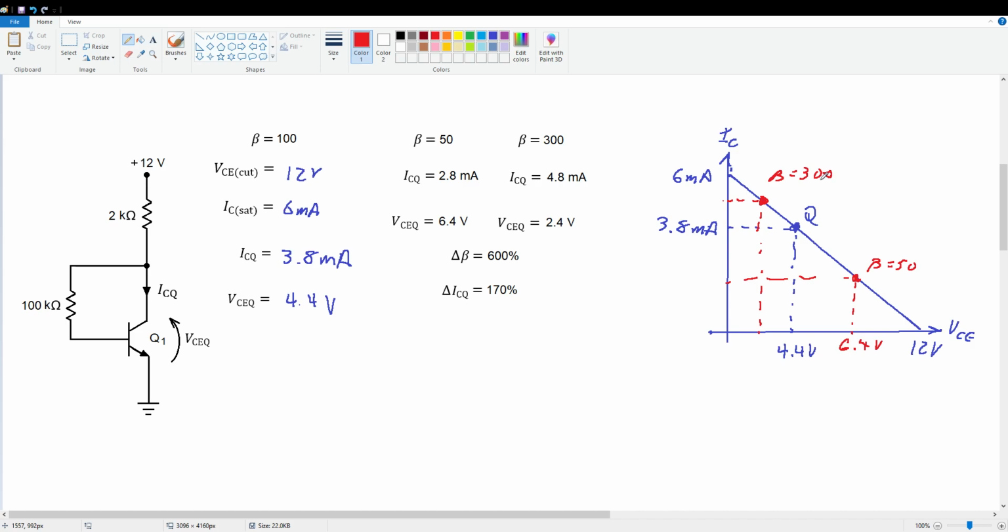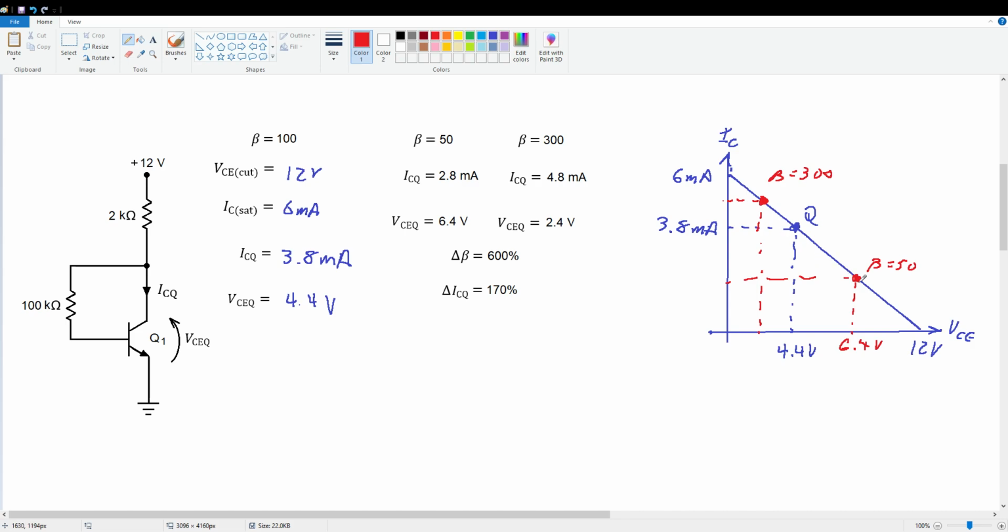We got a pretty wide excursion of beta here, a 600% spread from 50 to 300, and our ICQ changed by 170% from here to here. So it's not super bad, but it's not great. But at least we stayed in the active region, and that's an important thing.